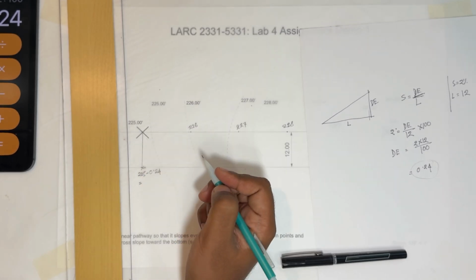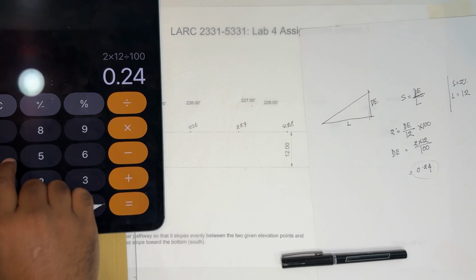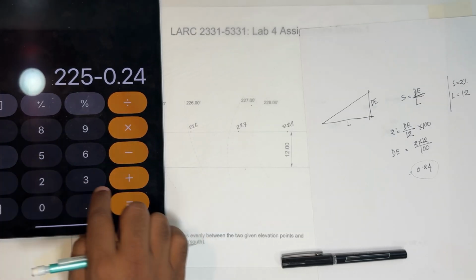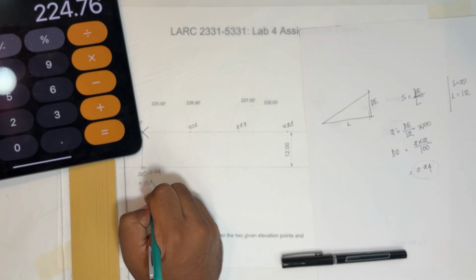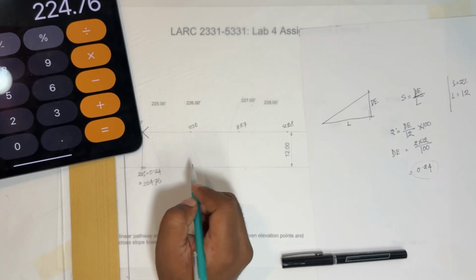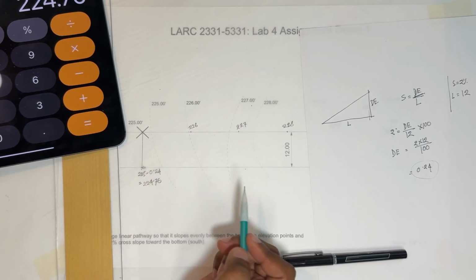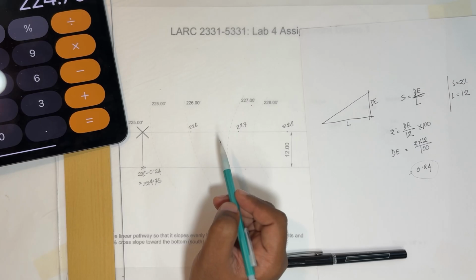So this would be 225 minus 0.24, 224.76. Now the question is, where would be the 225 line? That would be an interesting question to ask.